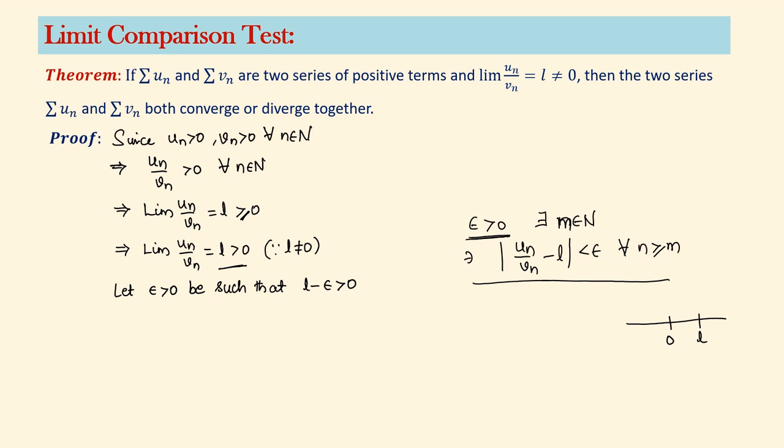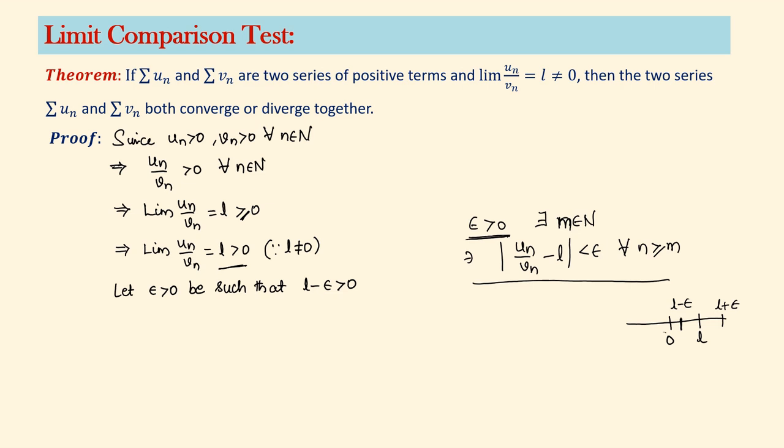If I subtract epsilon from L, L minus epsilon is going to be on the left side of L. It may be greater than 0 or it may be less than 0. So I am choosing epsilon in such a way that L minus epsilon is greater than 0. Anyhow, L plus epsilon will be greater than 0 because it is to the right of L. Why we are choosing that, you will understand later.